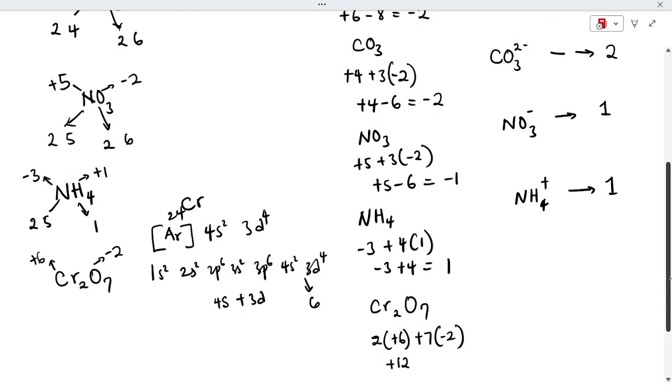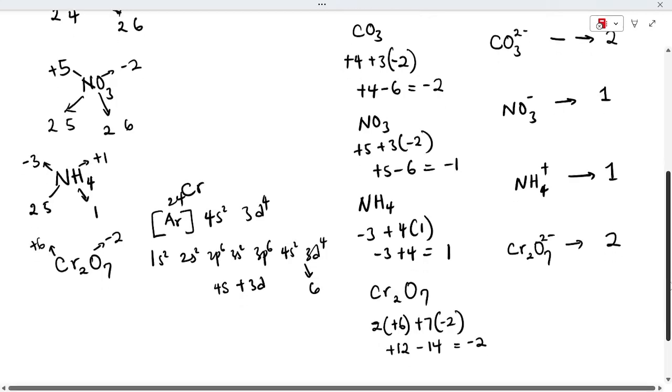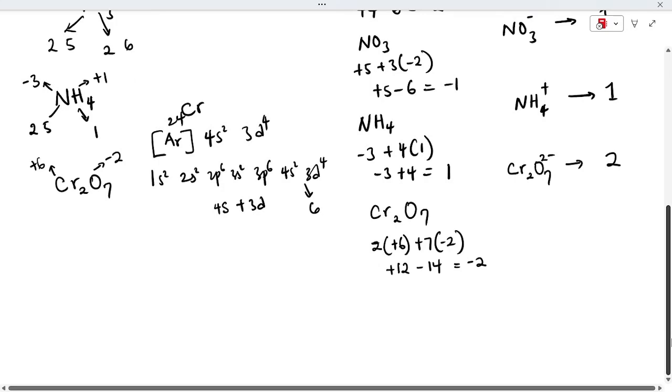Then plus 7 times minus 2 gives us minus 14. Plus 12 minus 14 gives us minus 2. So therefore, you are going to find Cr2O7 has a charge of 2 minus. So the oxidation number is simply 2. That is how you get these things.